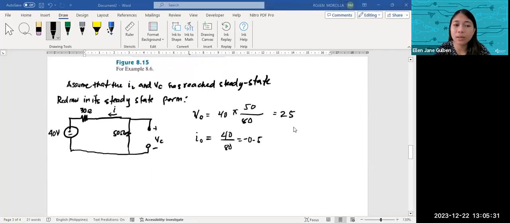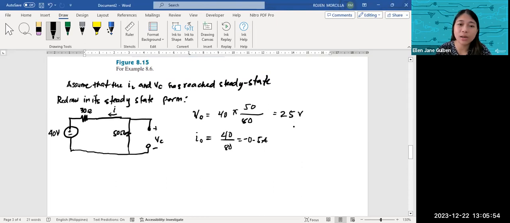Negative because this formula is based on passive sign, and we know that the current is going out of the 40 volts supply. So your IL is the negative of that, in amps and volts.